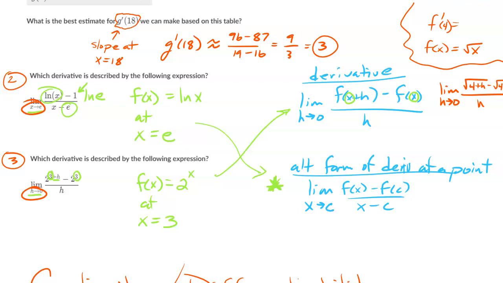The bottom one, if I filled it out with that same information, would be the limit as x approaches 4 of square root of x minus square root of 4, over x minus 2.